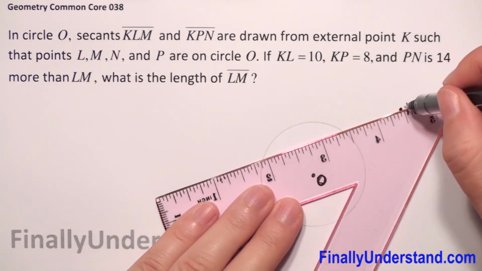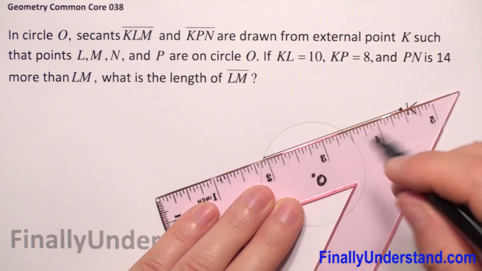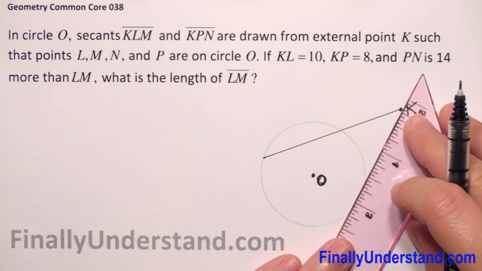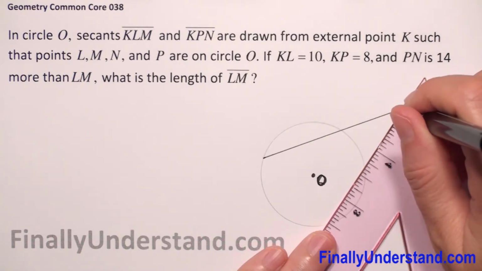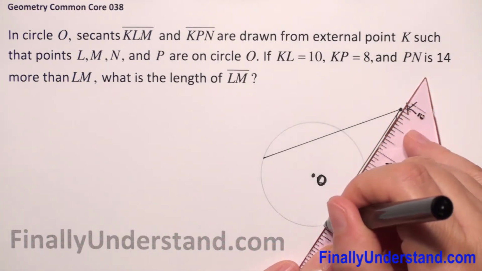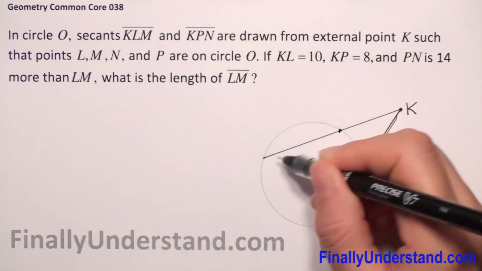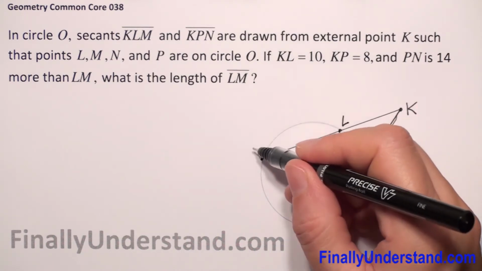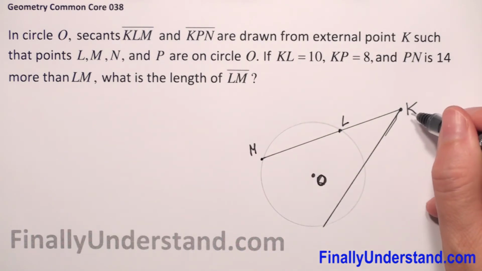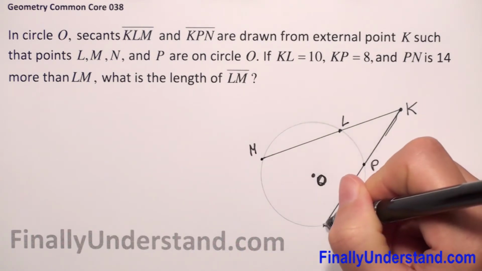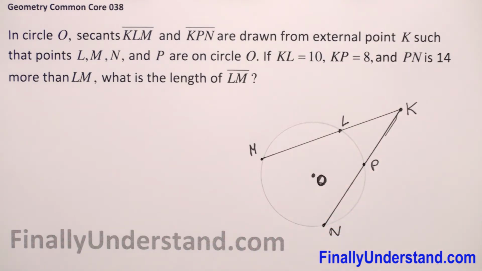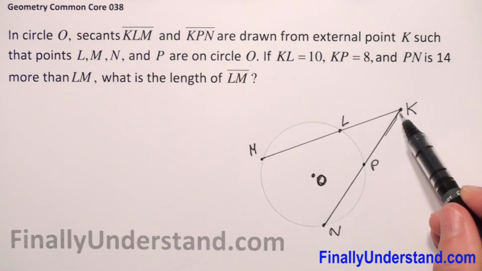We have secants, and the second will be the second K, L, M, and we have K, P, N. We know that the secant segment is the segment that contains part of a circle and has exactly one endpoint outside the circle.